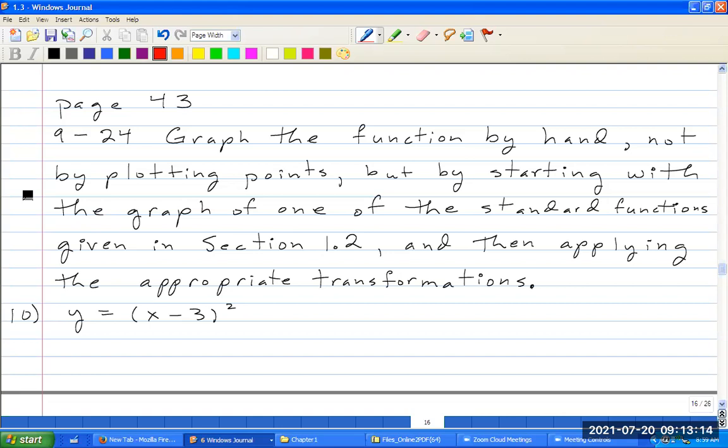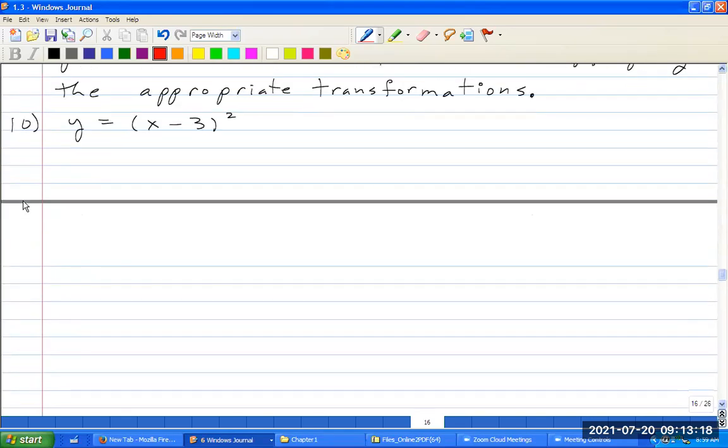And so we have here problem number 10, y is equal to x minus 3 squared. So we see that this is a translation.